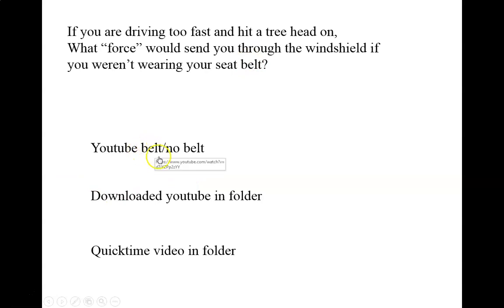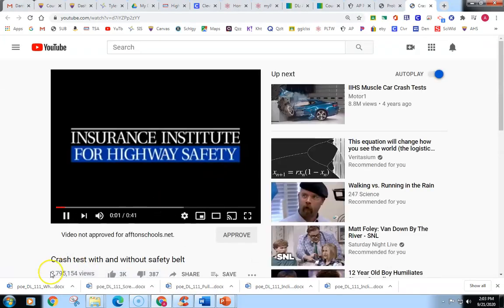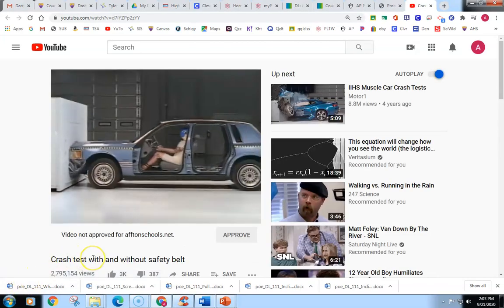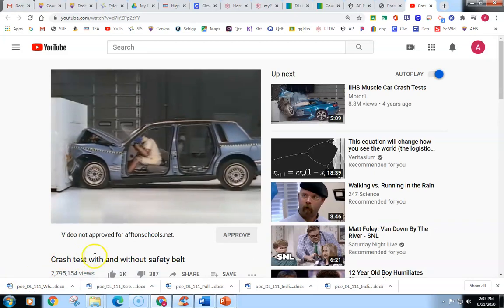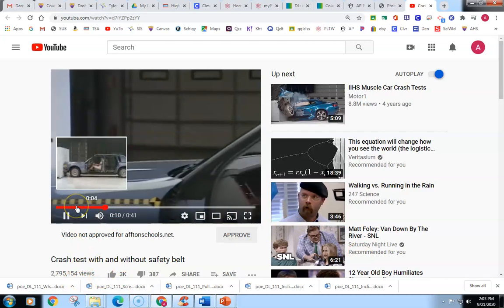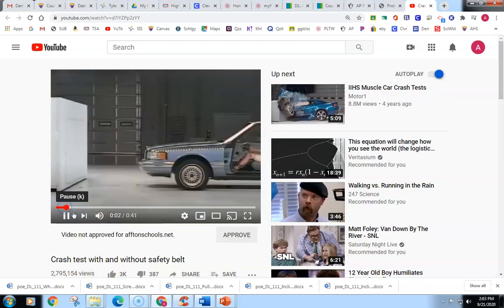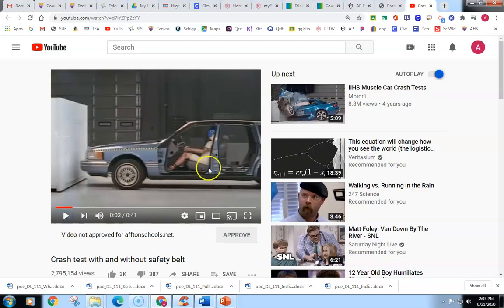Let's pull this up. So this is what happens when you're not wearing your seatbelt. And what I want you to notice is that when the car hits, the person continues to travel at the same speed as they were moving before the car begins to slow down.